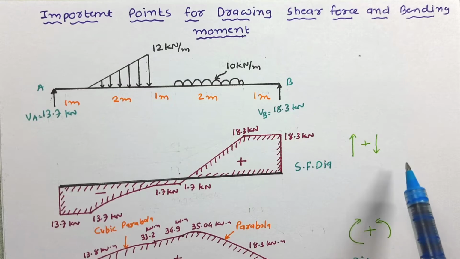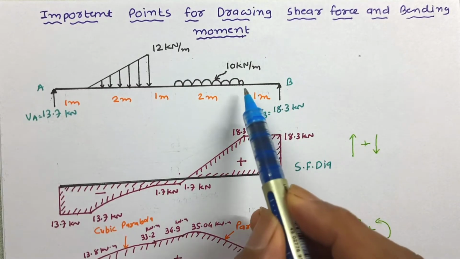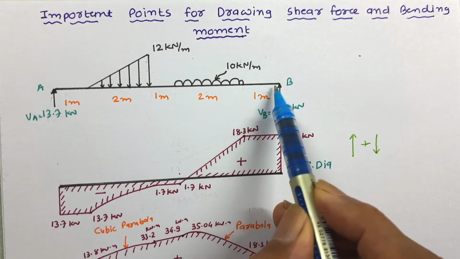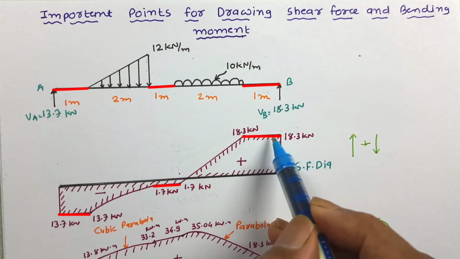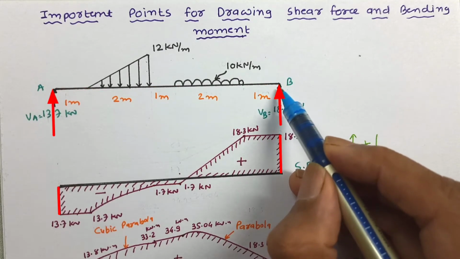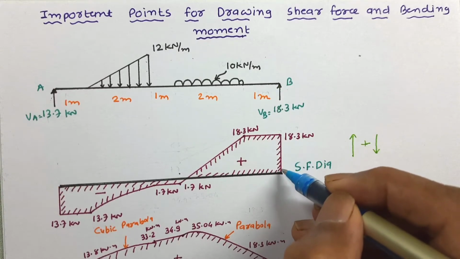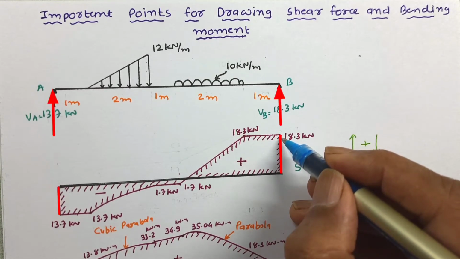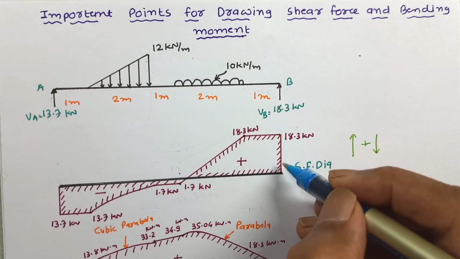Now please try to understand the important points. In the portion of beam where no load is acting, there will be a horizontal line in the shear force diagram. In a beam, when any point load is acting, there is a sudden drop or sudden rise in shear force, so there will be a vertical line in the shear force diagram.